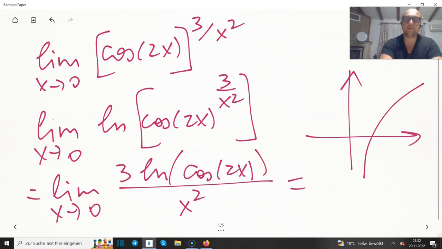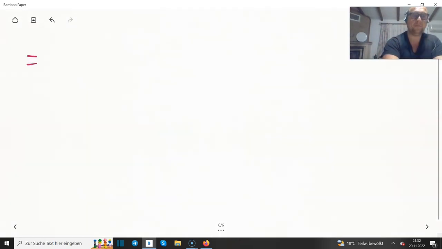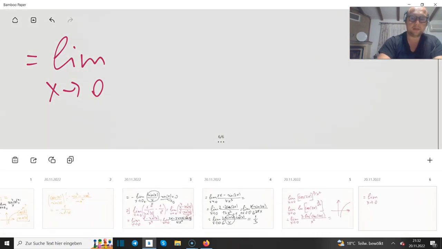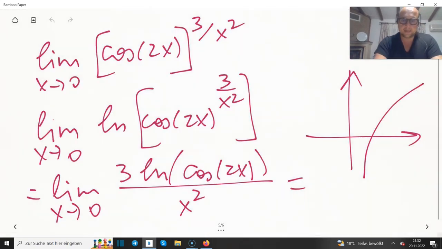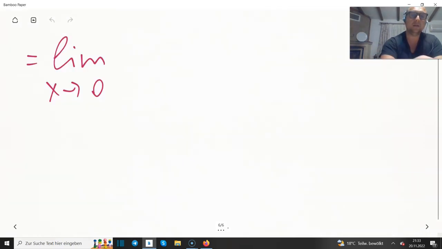So what do we have? Limit x towards 0 still. Now just a little bit chained function, a little bit more complicated. Ln is 1 divided by x, so we got 3 still. 1 divided by the cosine of 2x, correct?